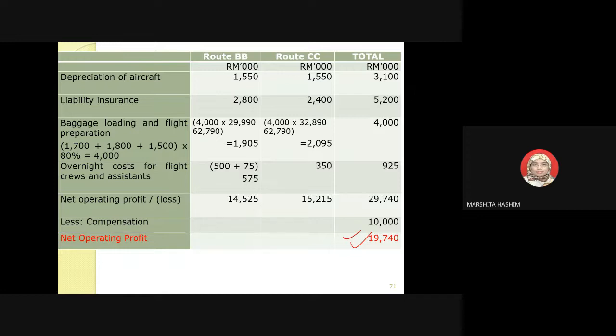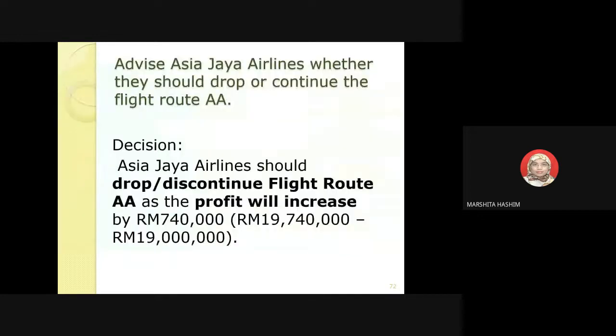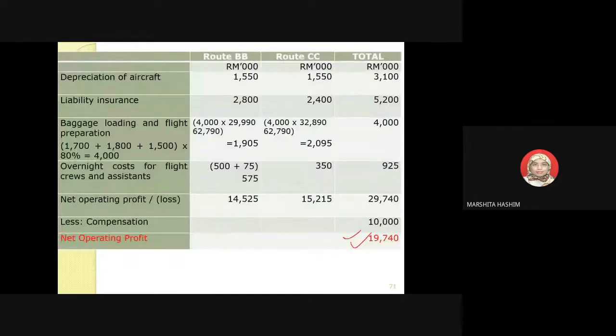And then part B, you advise. When you compare, if you operate 3 routes, just now we calculated net profit equivalent to 19,000, whereby route double A suffers losses and the other 2 routes are profitable. So we set off with the loss from route double A. For the company as a whole, net profit is 19,000.